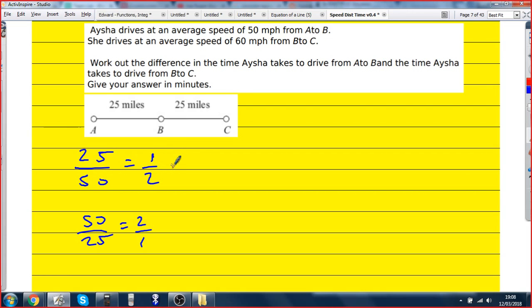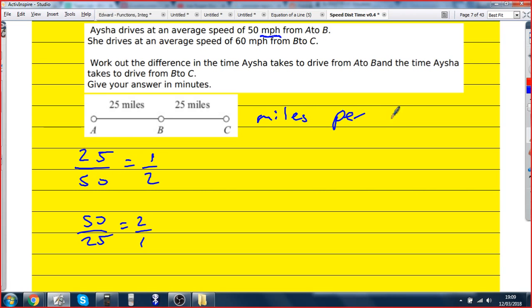So what would be the time unit for that? So miles per hour, what is the time unit there? I'm not sure.